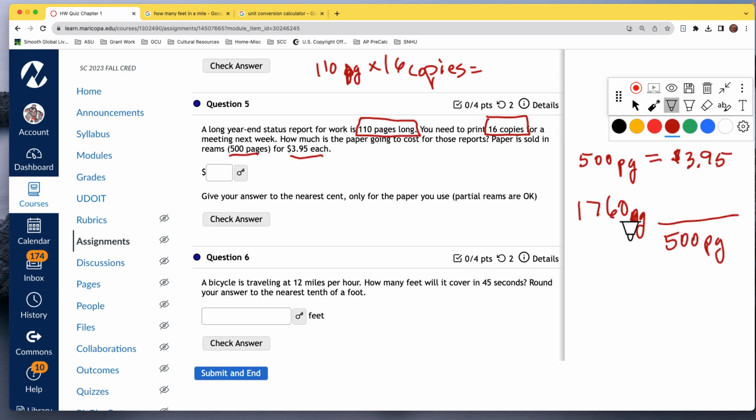And what goes with the 500 pages, that will cost us $3.95. So that's going to be our units. And again, we see units canceling out, pages cancel out. We'll be left with just dollars. So again, thinking of this as a fraction, we multiply straight across and then divide. So this one is both multiplication and division.